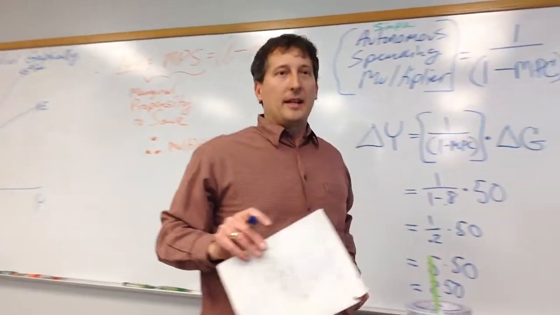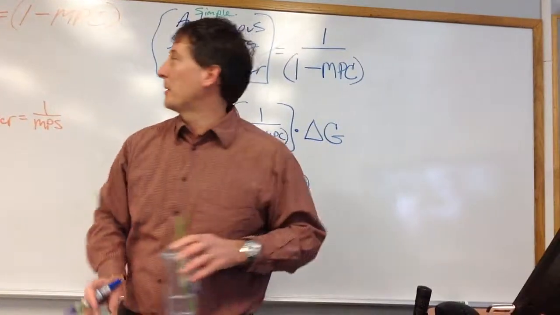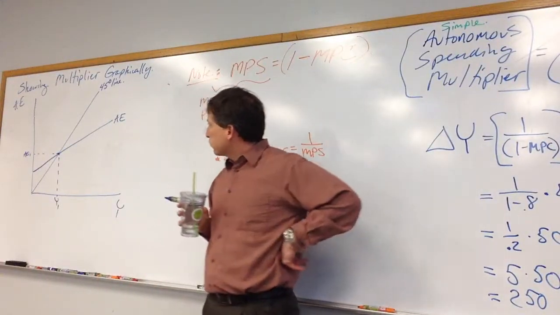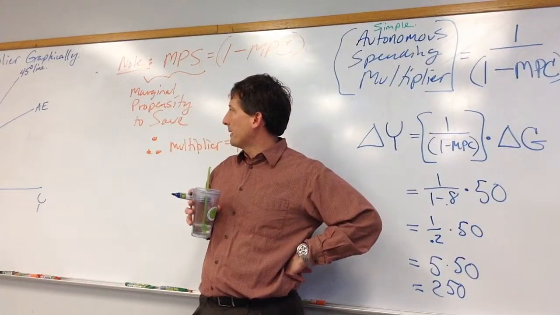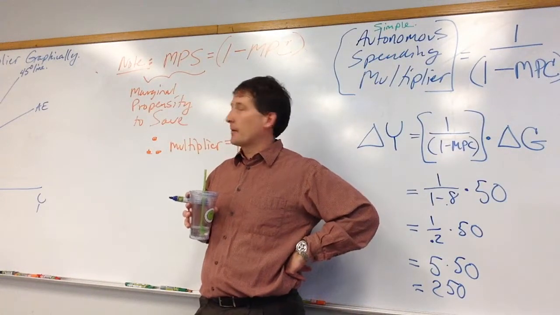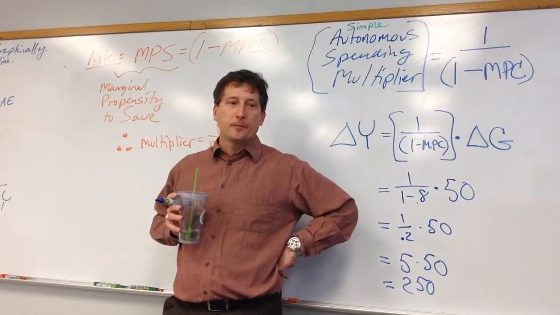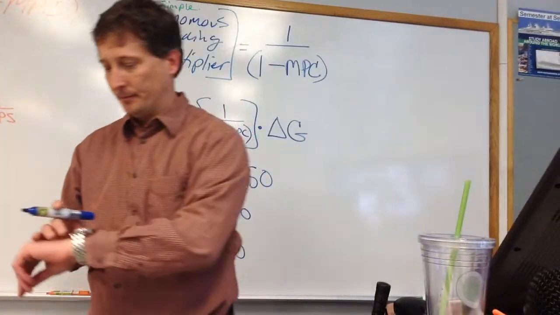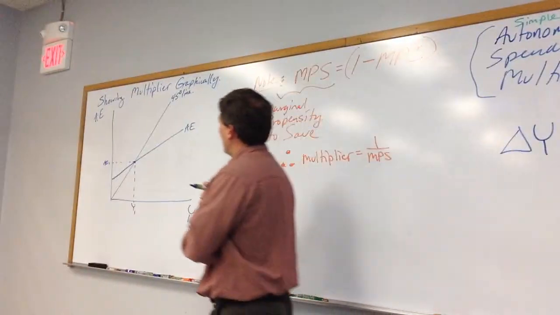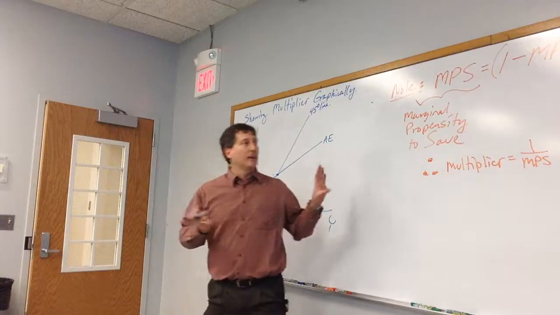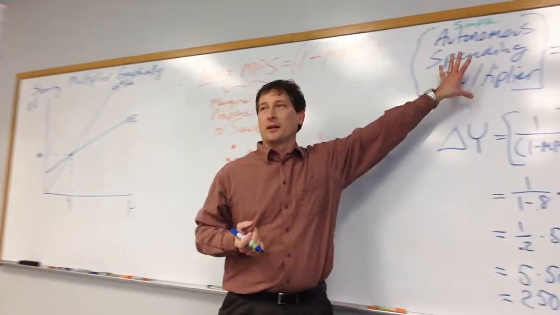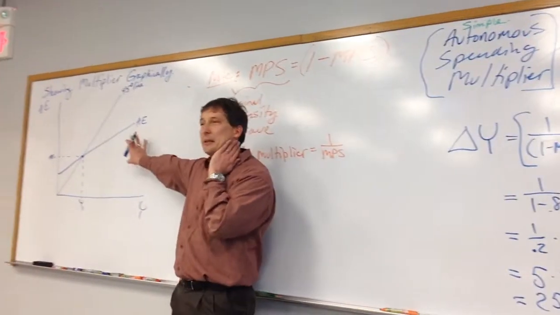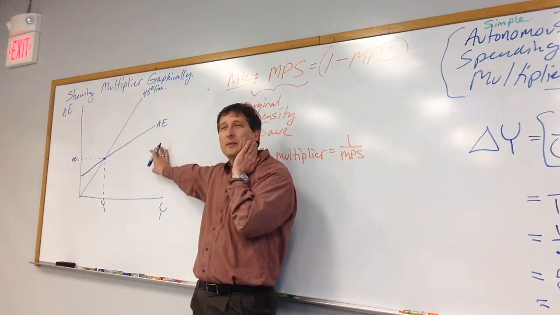If we have an increase in autonomous spending through this government injection, the way we've characterized it, what happens to this graph?